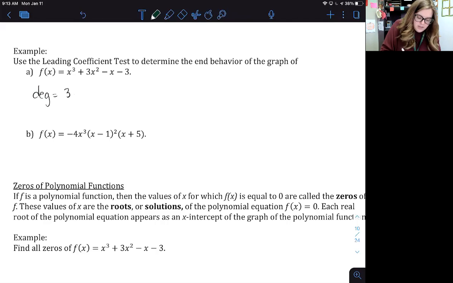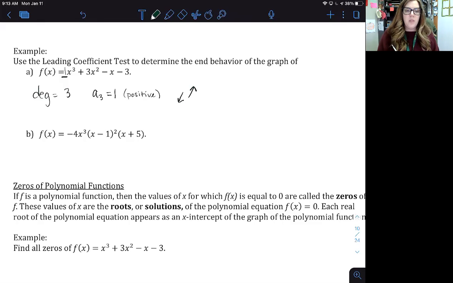And then our a sub n, or a sub 3, I guess is actually what that would be, which is our leading coefficient, is 1. And since that's positive, I'm going to go ahead and write that down. So degree 3 means that they're going opposite directions. And since it's positive, we're going to start down and go up.